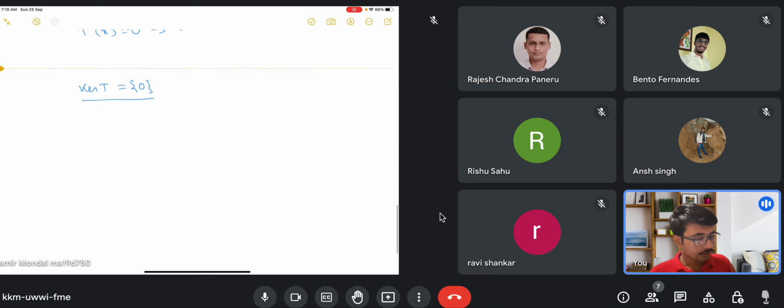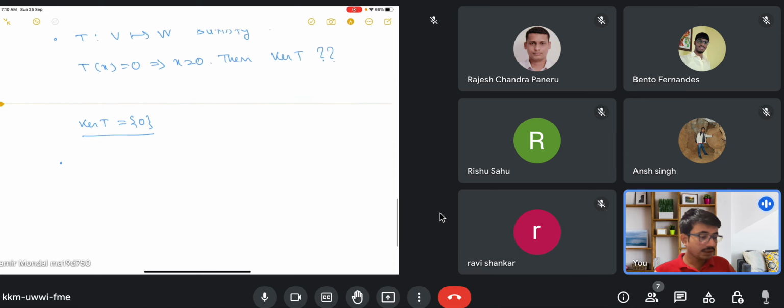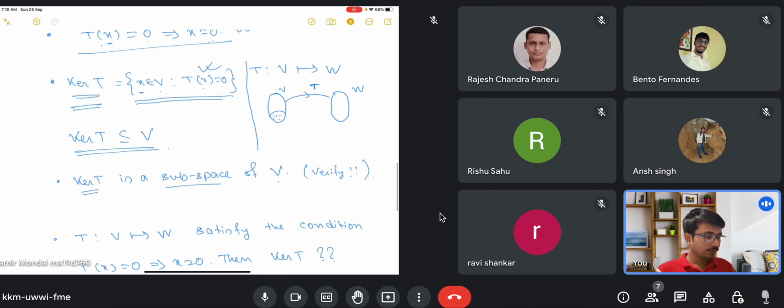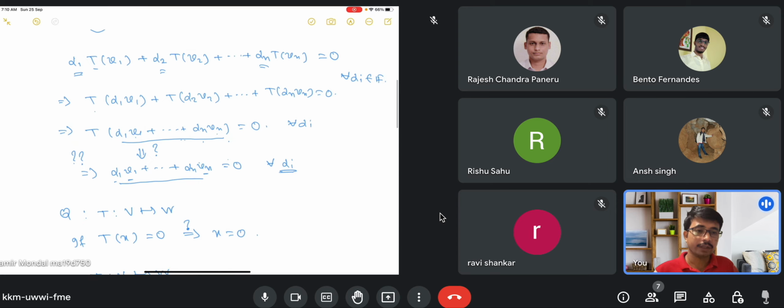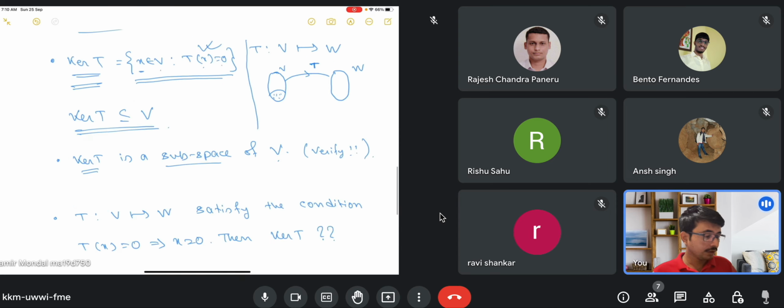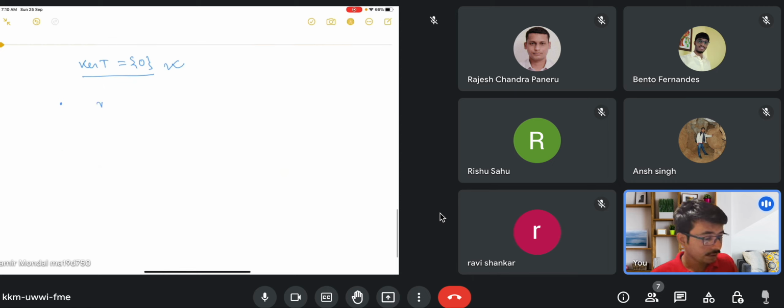This is the condition we need to force these two statements to be equivalent. Why am I talking about equivalence? Because if your x is 0, then your linear transformation has to satisfy T of x equal to 0. Do you agree with this statement?